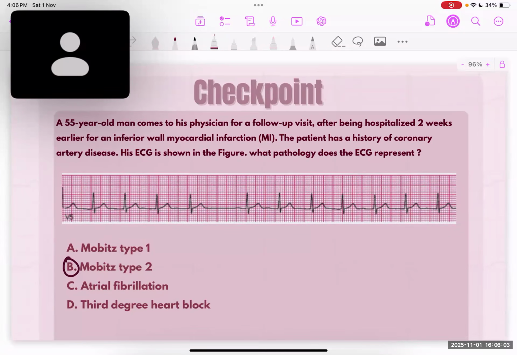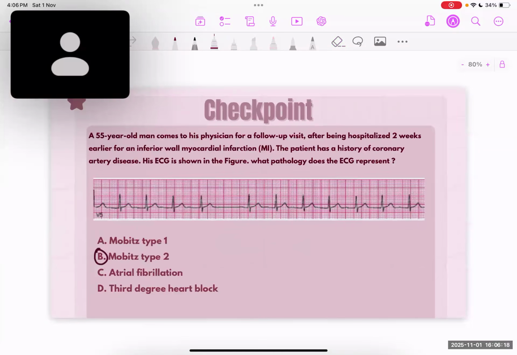No, actually, we're going to see this and this and this. It's getting prolonged and then it's going to drop. So it's type 2 because... actually, it's not type 2, guys, it's type 1, because your PR interval is getting prolonged and prolonged and prolonged, and then there is a drop.